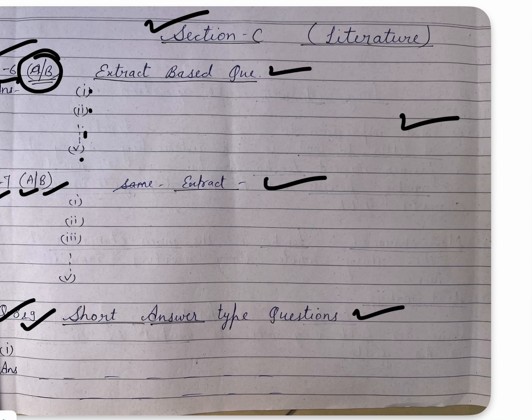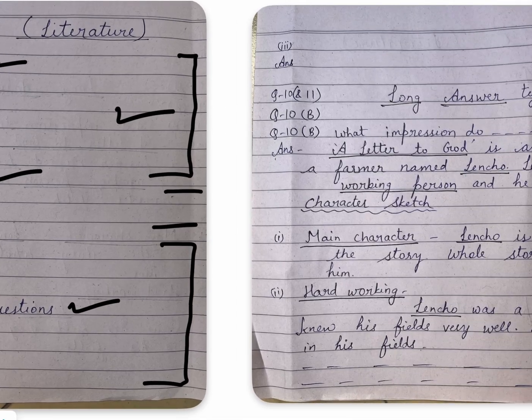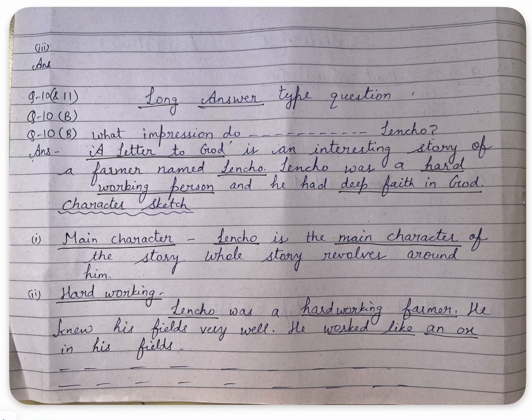In this part you can solve one question, then leave 2 lines blank and solve one more question if you have the content. If you don't have any content, you can use general lines also, but try to elaborate and answer the question properly.